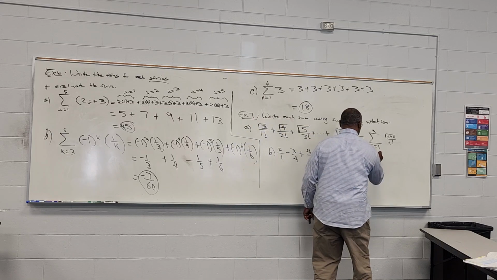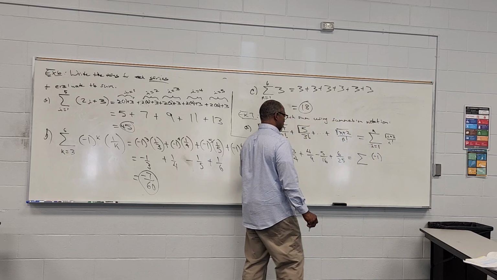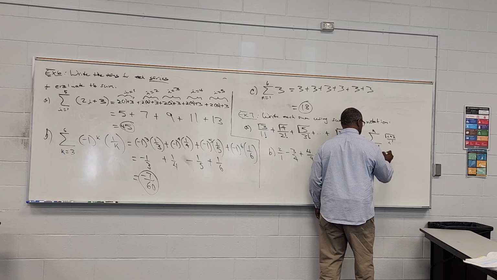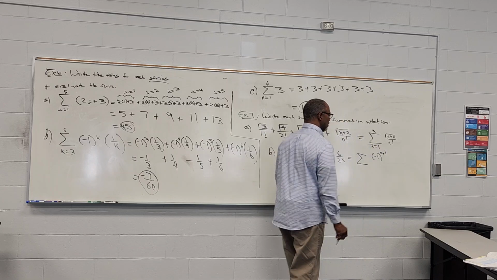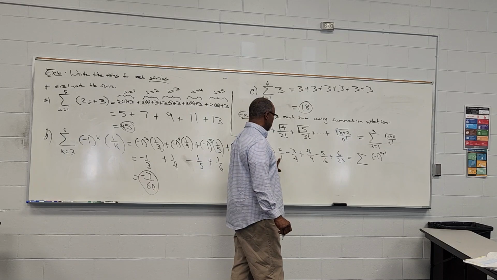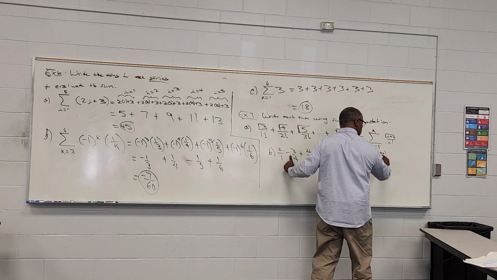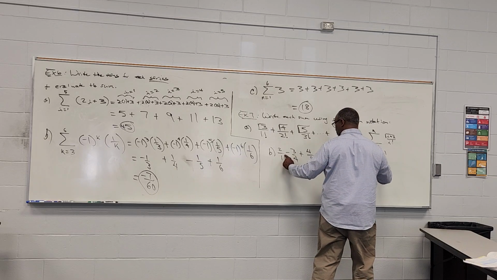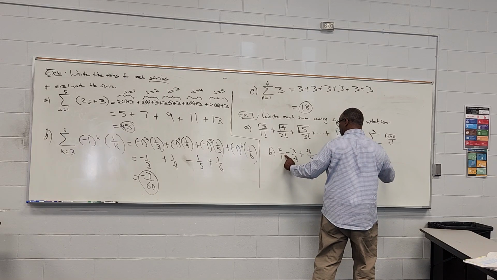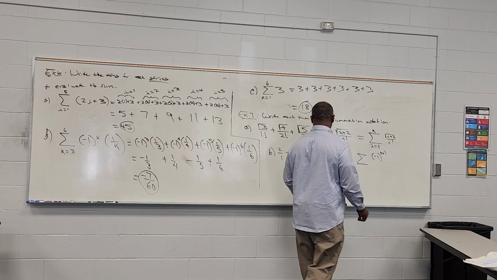So I know I got to have that negative 1 to some power. And again, when n is 1, it's positive, so I can say n plus 1. Okay? So when n is 1, negative 1 to the second power would be positive. When n is 2, 2 plus 1 is 3, negative 1 to the third power would be negative. When n is 3, negative 1 to the 3 plus 1, fourth power would be positive, etc. So that takes care of the signs.